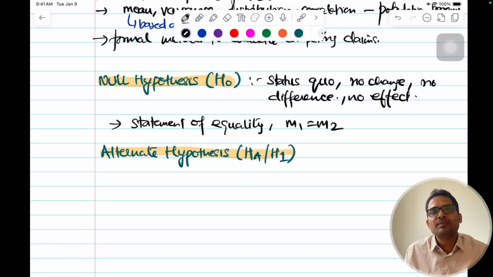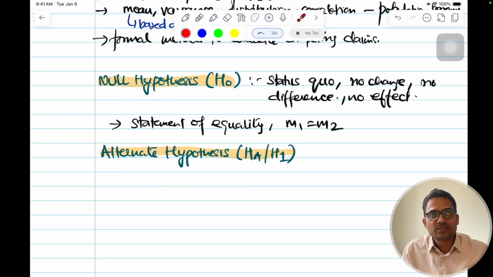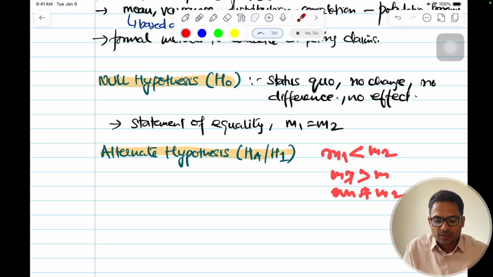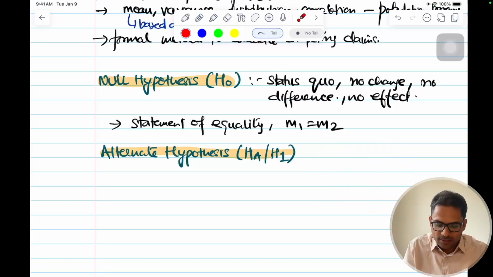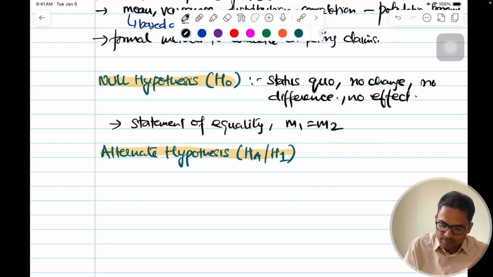Whichever statement captures this, the alternate hypothesis says the opposite of the null hypothesis, like mean 1 is less than mean 2, or mean 1 is greater than mean 2, or mean 1 is not equal to mean 2. It can be any of these things. It says that there is some difference. It's just the opposite of the null hypothesis, a statement which represents some change.